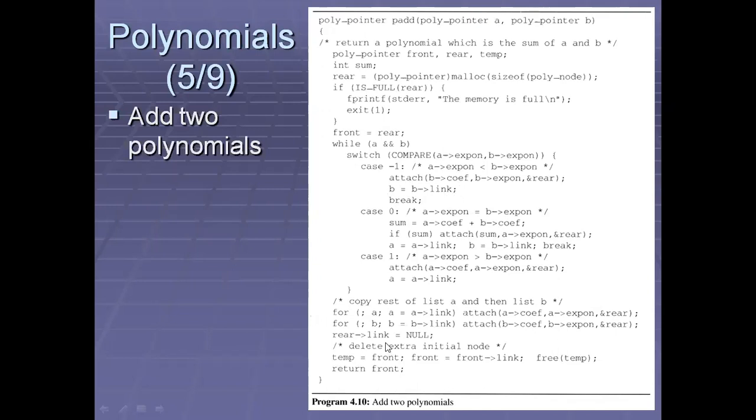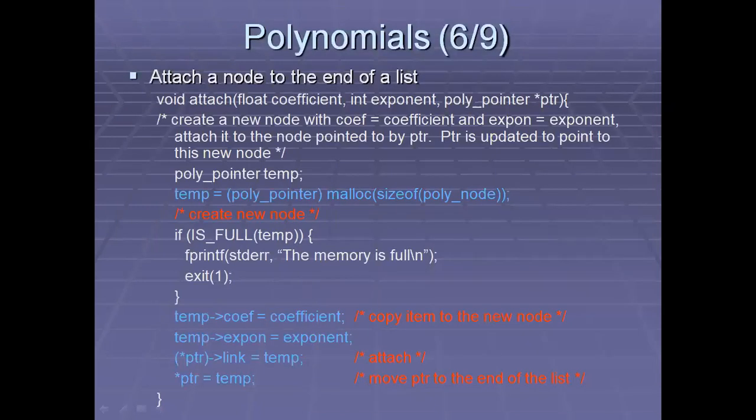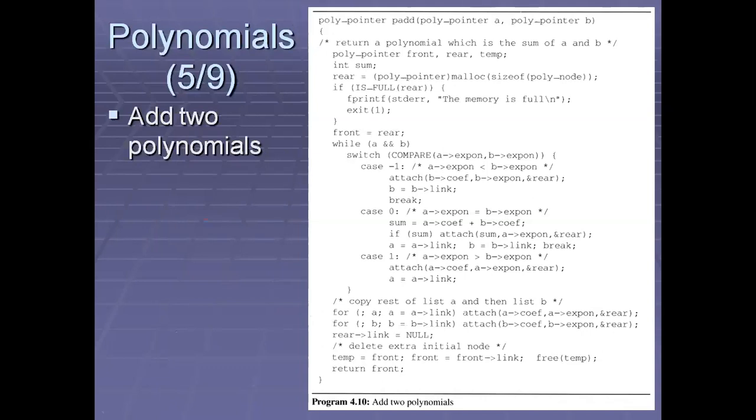B is equal to B of link, or A is equal to A of link. Whichever I am copying, that will be forwarded.